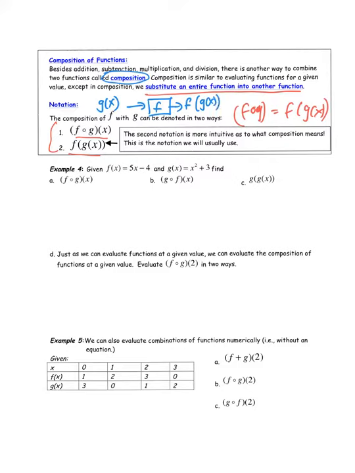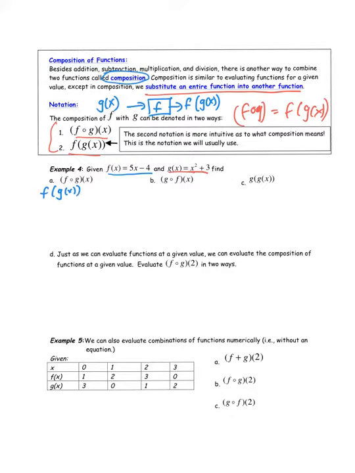So let's do a couple of examples. In example 4, I've defined two functions, F of X, which is 5x minus 4, and G of X, which is x squared plus 3. So in the first example, we have F composed with G of X. I would start by rewriting this as F of G of X using the more intuitive notation.